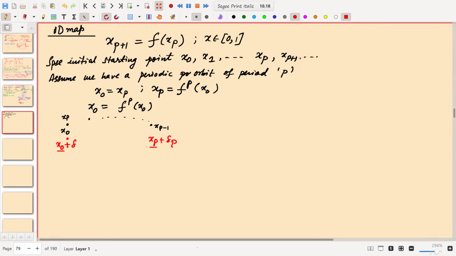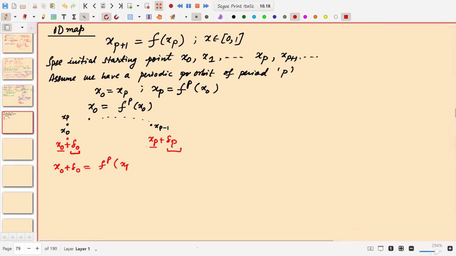When you add the perturbation delta naught to x naught, another perturbation occurs at the final point xp, but generally it won't be the same perturbation. So we write xp plus delta p. What can we write now? We can write x naught plus delta naught is nothing but fp of xp plus delta p.